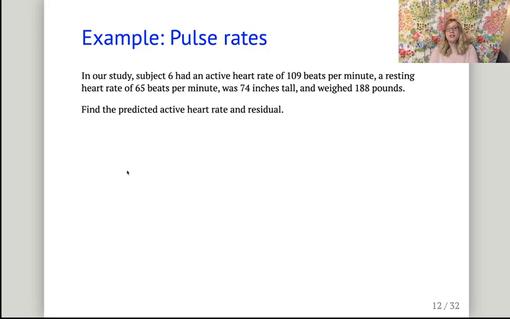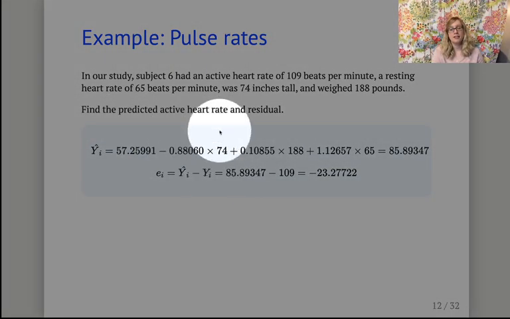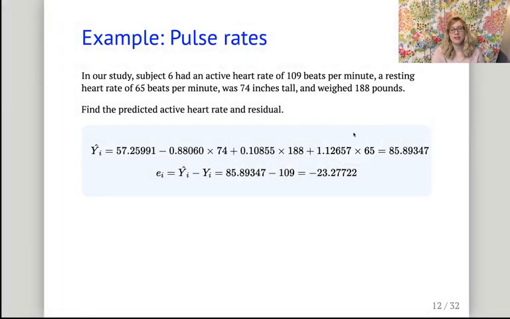If I want to predict their active heart rate, I'll simply plug these into the appropriate spots in our model. So the first variable in our model is height, so there's 74 inches. Second variable in our model is weight. Third is resting heart rate. So we predict an active heart rate of about 86 beats per minute.